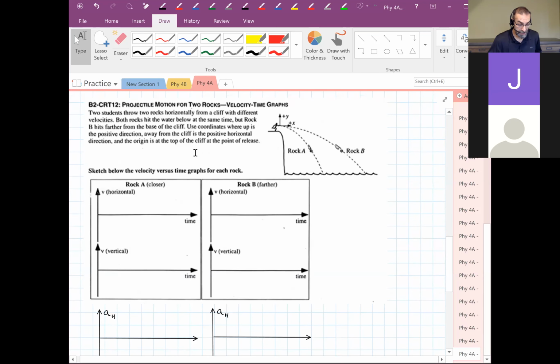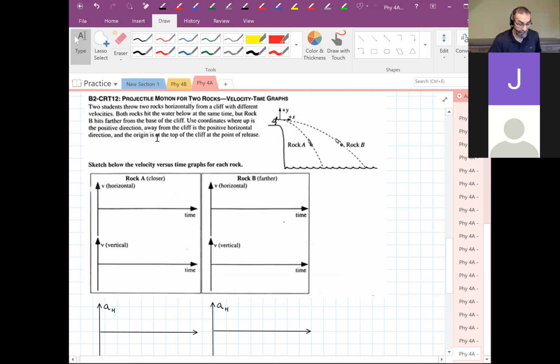Use the coordinate system where up is positive, away from the cliff is positive. The origin is at the top of the cliff where the point of release is. So they've drawn it in right here. Your little XY coordinate system is right there. There's your origin.